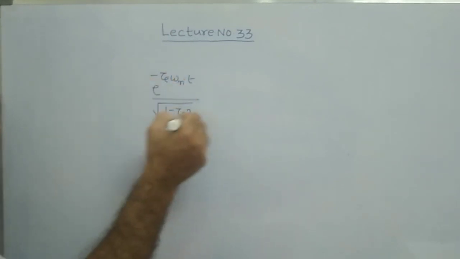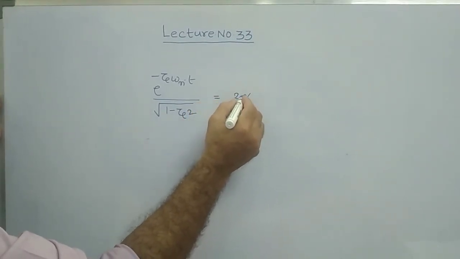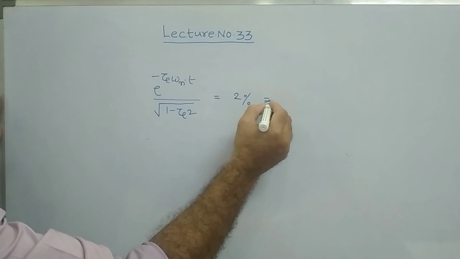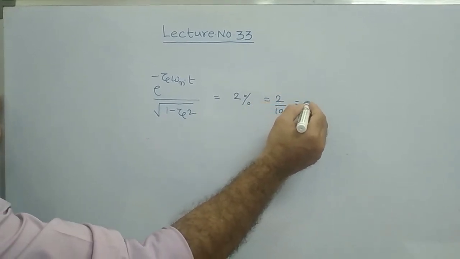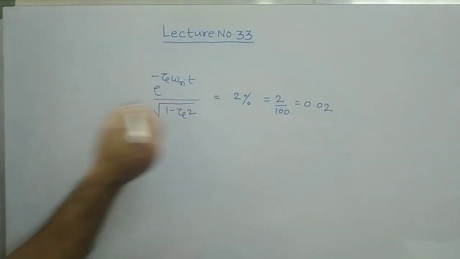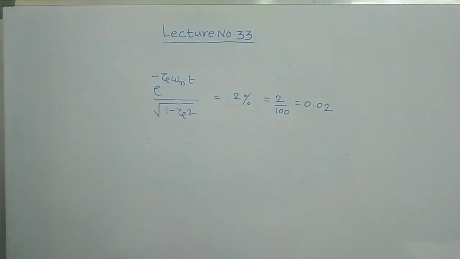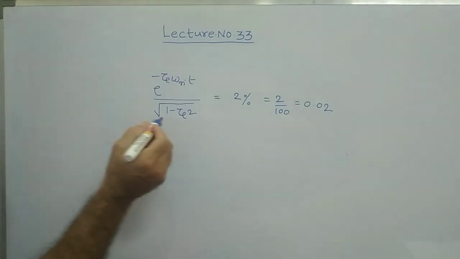This is the exponential term that you should equal to 2%. Means how much? It is 2 by 100. It is 0.02. Clear?